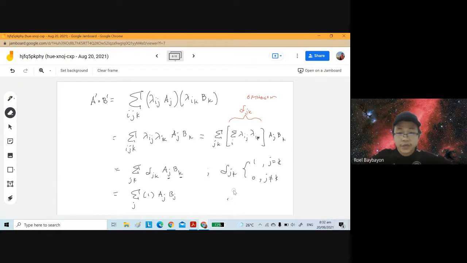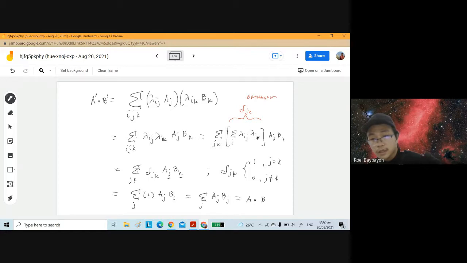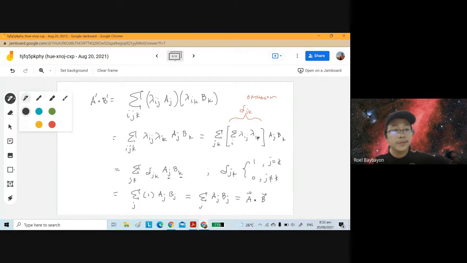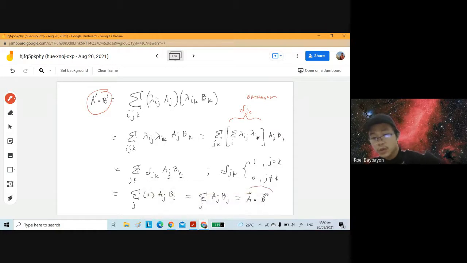This is just the definition of a dot product of A dot B. As you notice, this one is the summation of AJ BJ, in terms of J. And this is the definition of A dot B. So we proved that A prime dot B prime is just equal to A dot B. So the scalar product is invariant, equal lang sila, invariant.